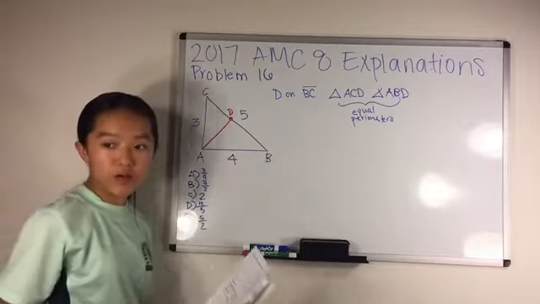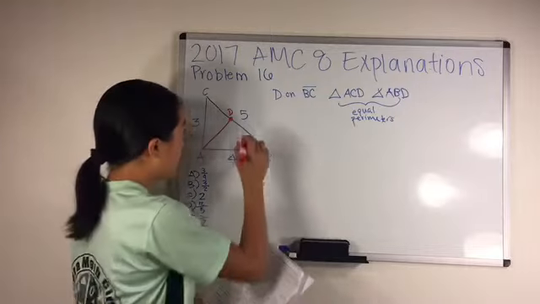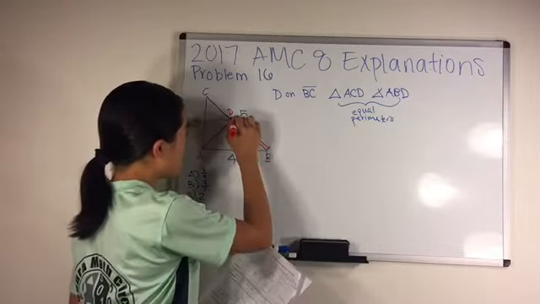So since they have equal perimeters, we could first represent the perimeters in a certain way that could help us figure out the value of this length, which we'll assume is X for now.